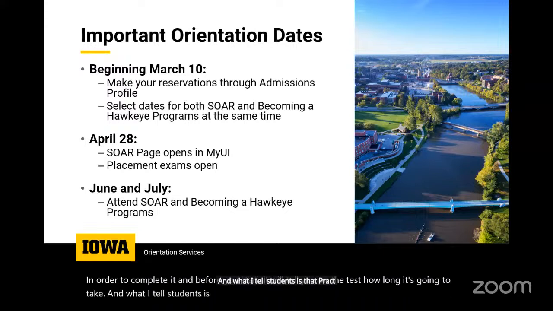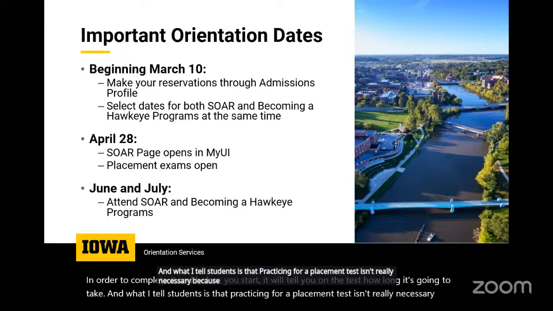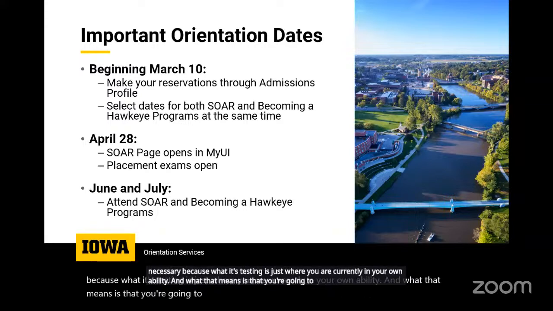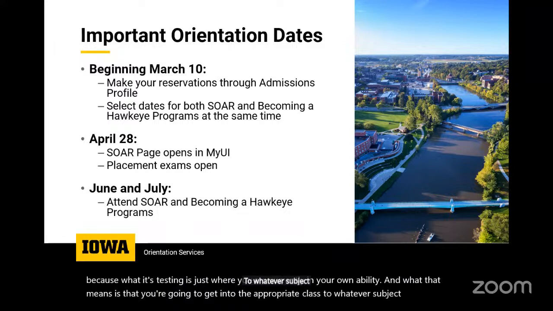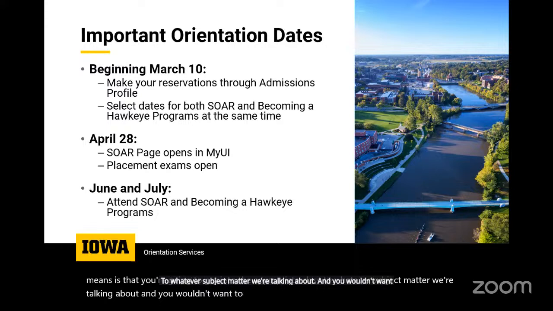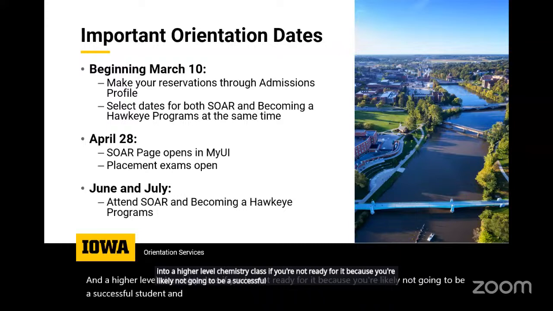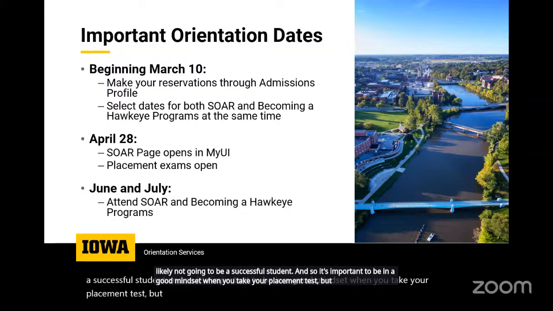practicing for a placement test isn't really necessary, because what it's testing is just where you are currently in your own ability. And that means you're going to get into the appropriate class for whatever subject matter we're talking about. You wouldn't want to get into a higher level chemistry class if you're not ready for it, because you're likely not going to be a successful student. So it's important to be in a good mindset when you take your placement test, but this isn't something you necessarily want to ace.